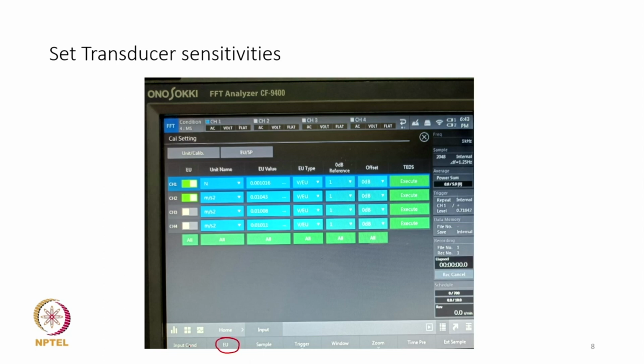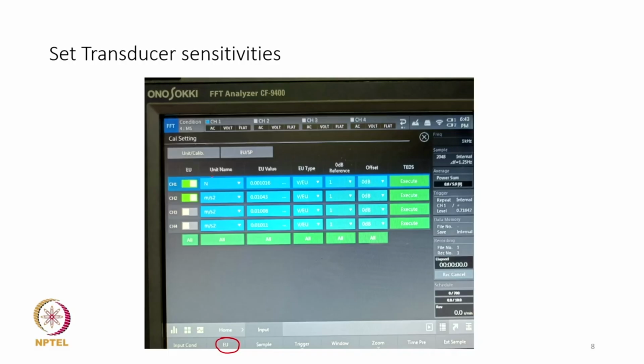For channel 1 the hammer output is being fed, and therefore the unit chosen for this channel is newtons, which is the engineering unit of the signal received by that channel. And then we feed the sensitivity of the force transducer of the hammer in the engineering unit value section.